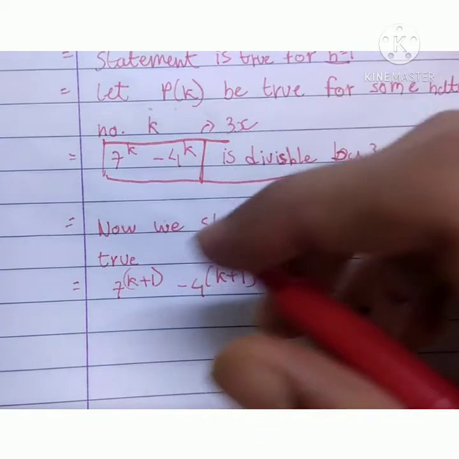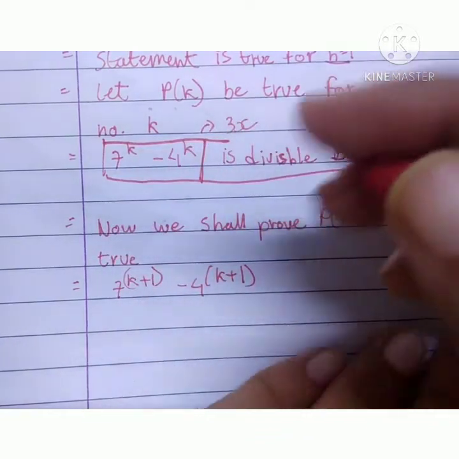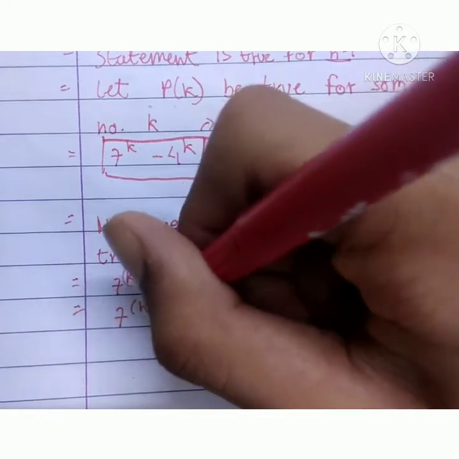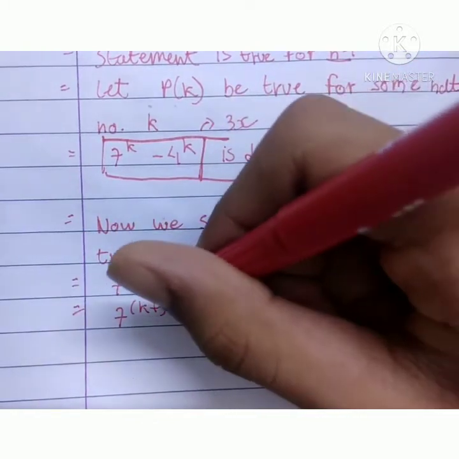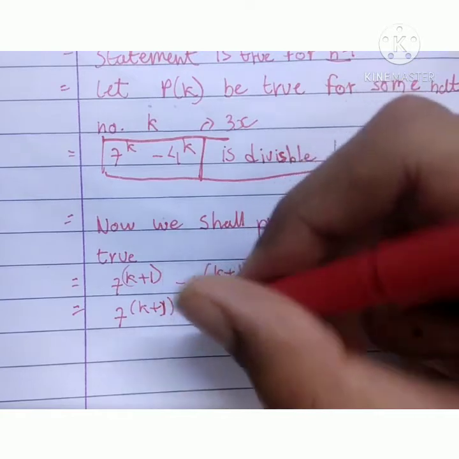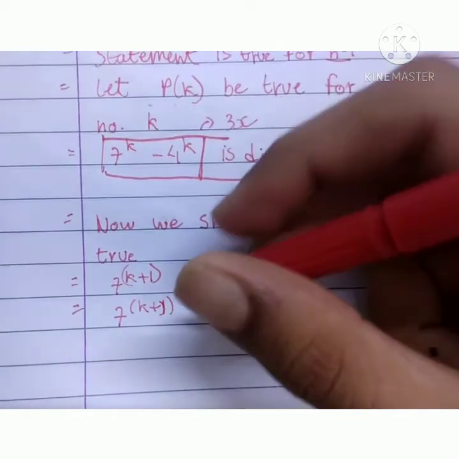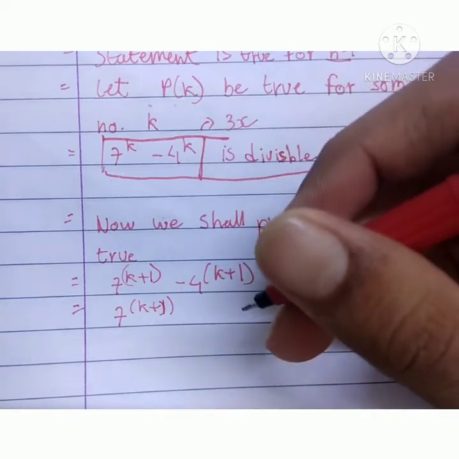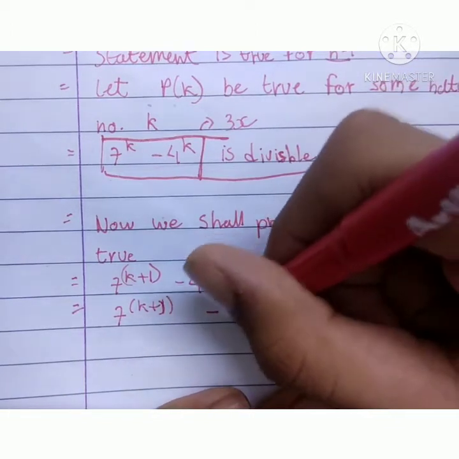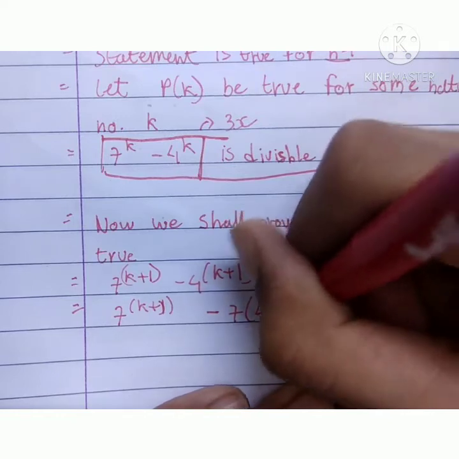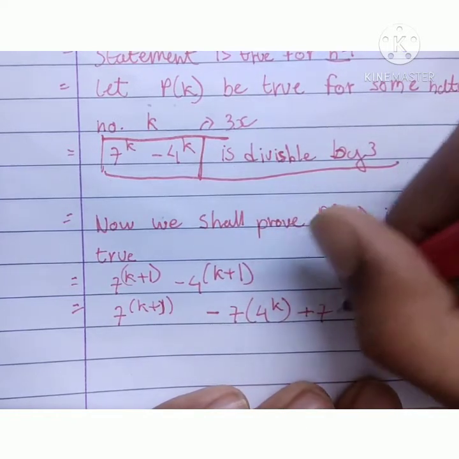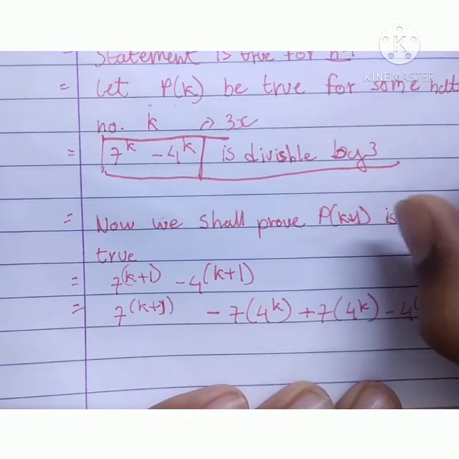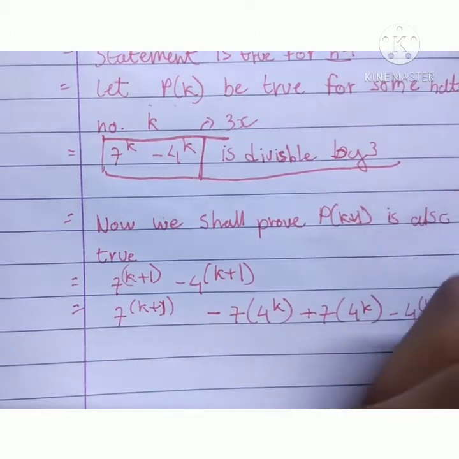Now let's move ahead with our process. Now we are going to do a little complex step. We are going to add and subtract 7 multiplied by 4 raised to k. The meaning is completely the same because these two will cancel.